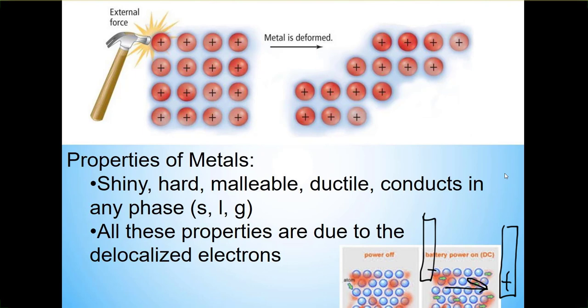And this will complete the circuit, and they will be able to carry that current. Metals are the only substance that will conduct a current as a solid, and that is because, again, to carry a current, something has to be able to move. And in this case, it's those delocalized or free electrons.